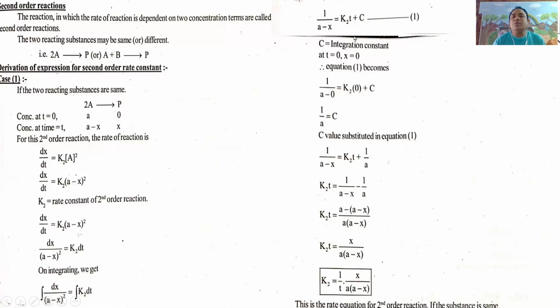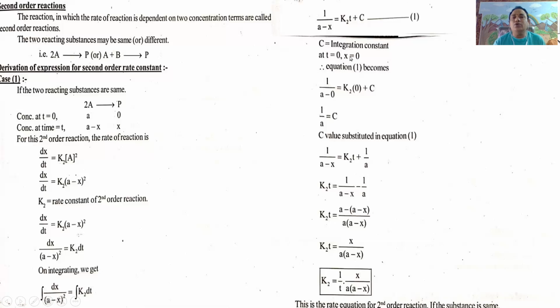Here in this equation number 1, C is the integration constant. To calculate the C value from the reaction at T is equal to 0 means when the reaction is not started, the obtained product concentration X is 0.